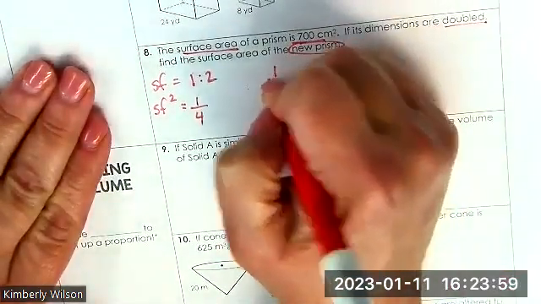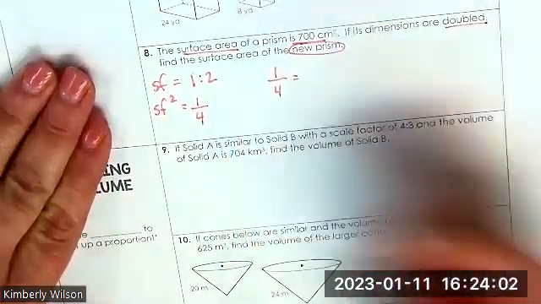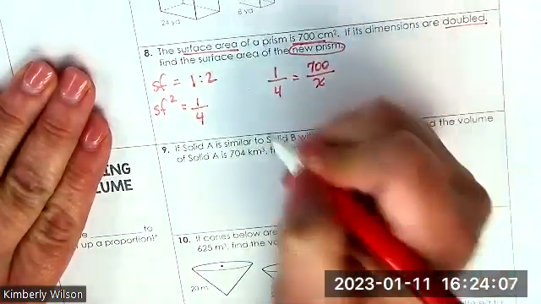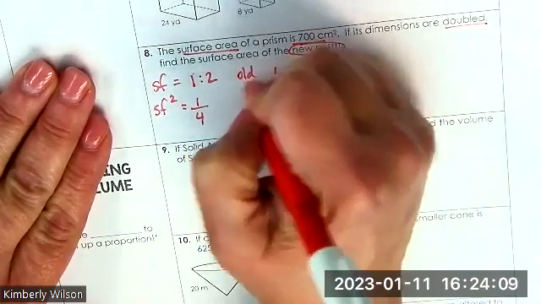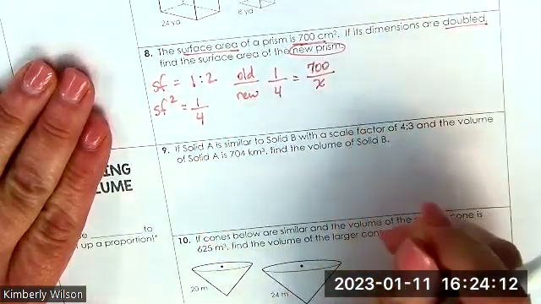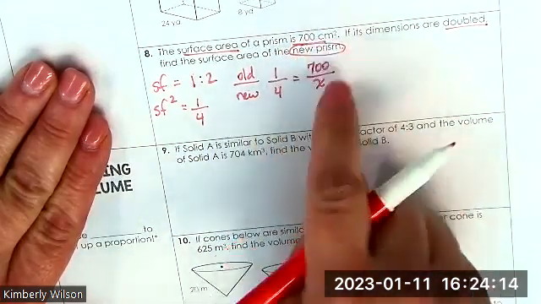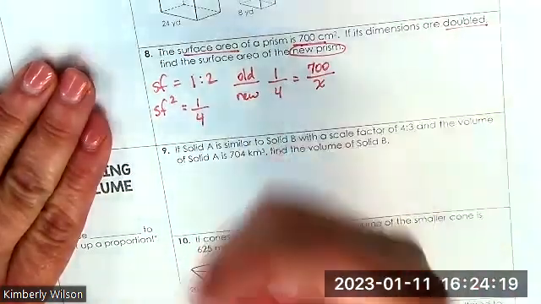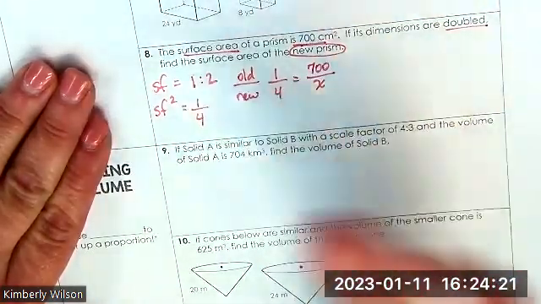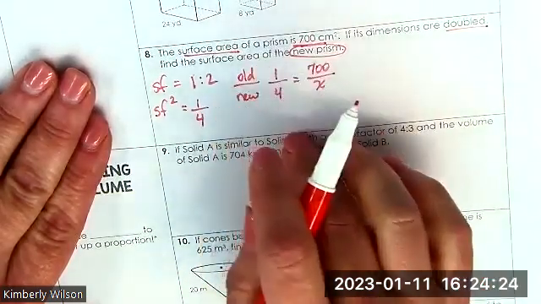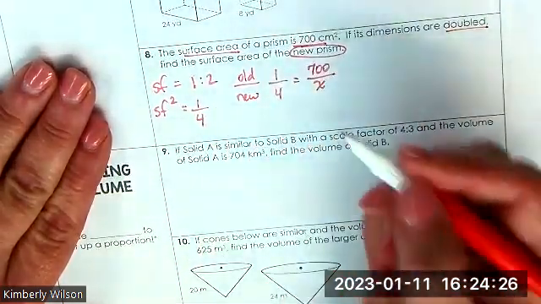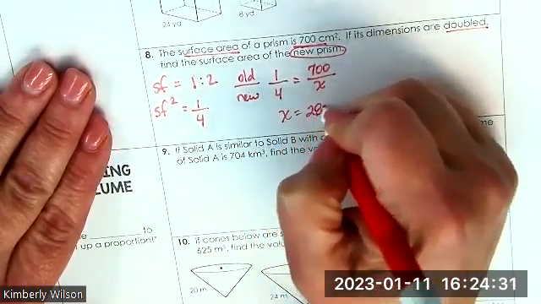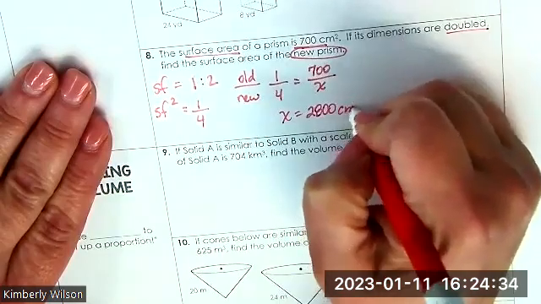Therefore, I'm going to have 1 over 4 equals 700 over x, because I'm doing the original over the new. You could set up your proportions differently and still end up correctly. You could do 4 over 1 equals x over 700 and still get the same information, because we multiply diagonally and we get that x equals 2800, and my units are centimeters squared.